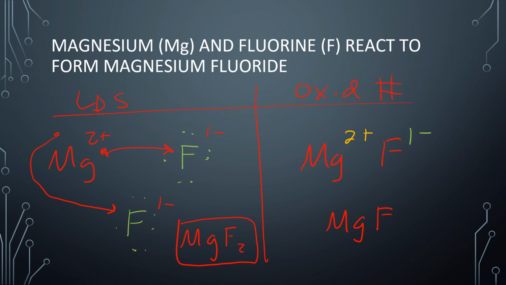You leave the symbols alone. There are no plus or minuses in a formula. If I bring down this 1 and this 2, that's fine, but in reality, if there's already a symbol, it implies that the element's already present. So it's just MgF2. Your formulas should be the same if you do both. If you end up with different ones, don't do that.